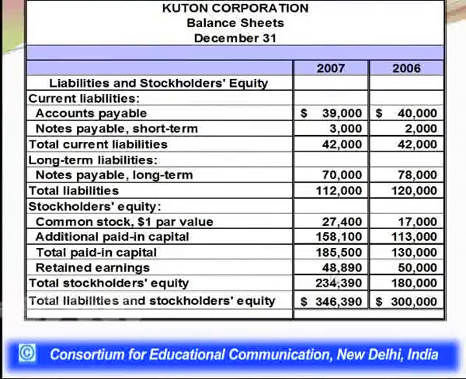The company had profits, but did not distribute them to the shareholders. That is what is known as retained earnings. If we sum up these two things together, the paid up capital as well as retained earnings, the total would be the total value of stockholders' equity, which comes out to be 234,390 for the company in 2007 and 180,000 for this company in 2006.